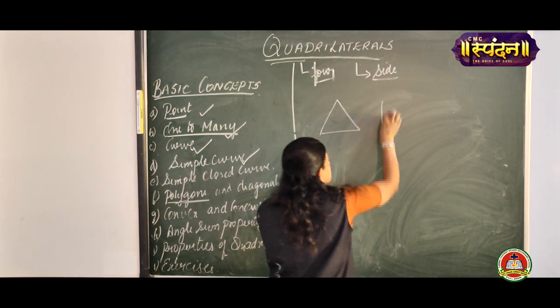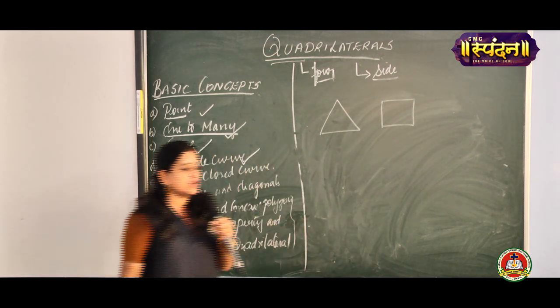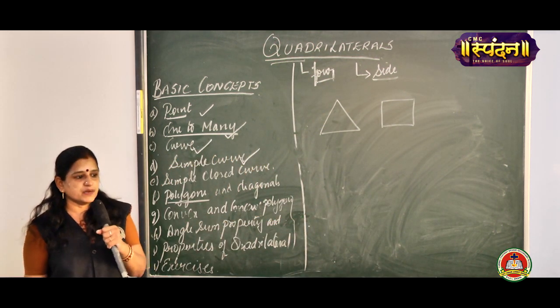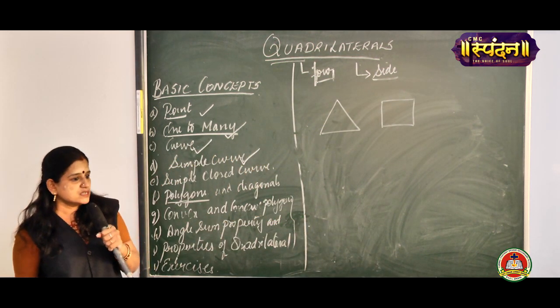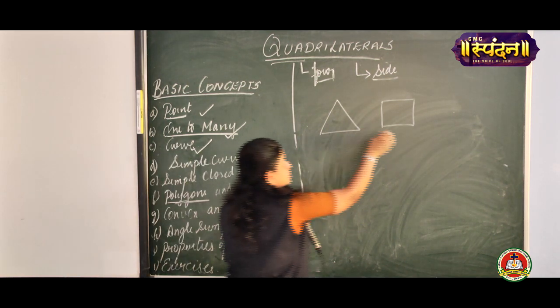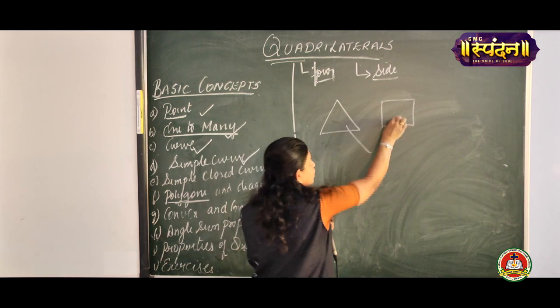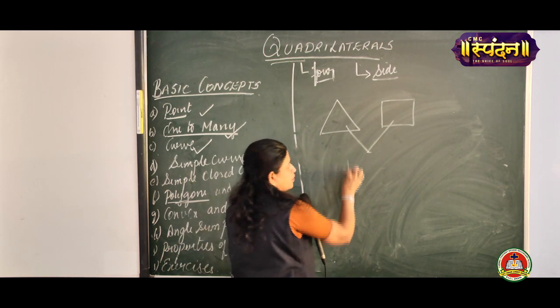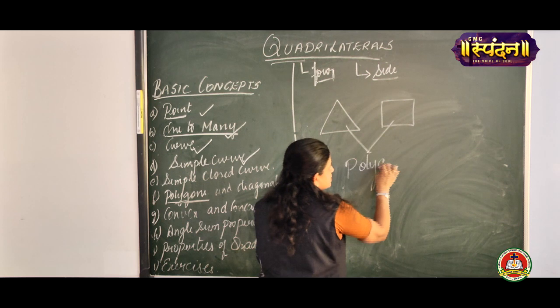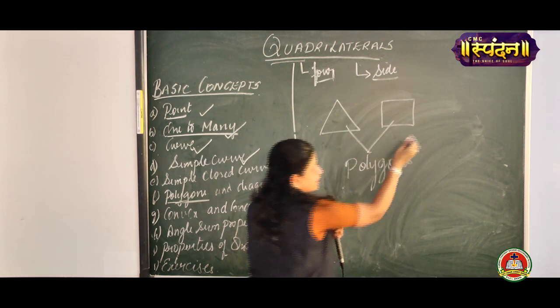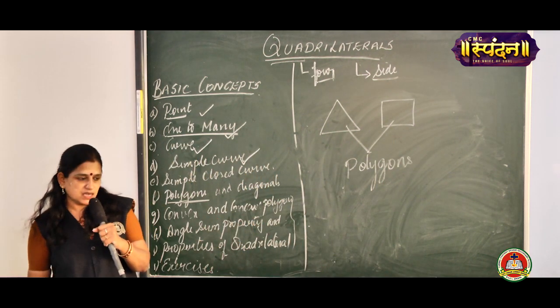Next, quadrilateral. A quadrilateral is also a polygon because it is entirely made up of line segments. So both are curves. But among these curves, you have a specific type, and you call this specific type of curve a polygon because this is entirely made up of line segments.